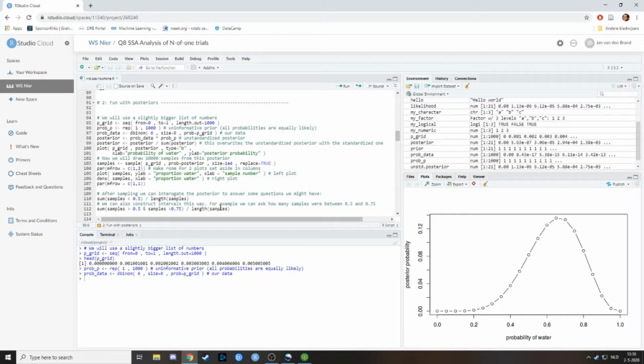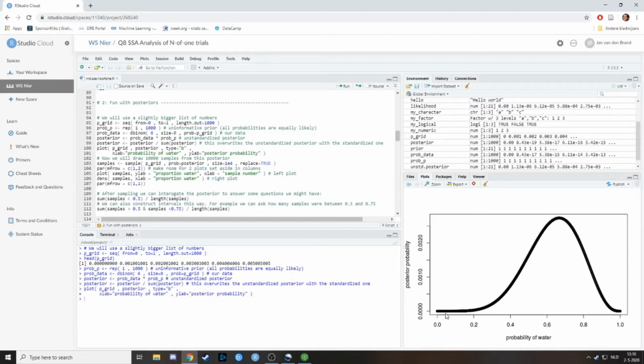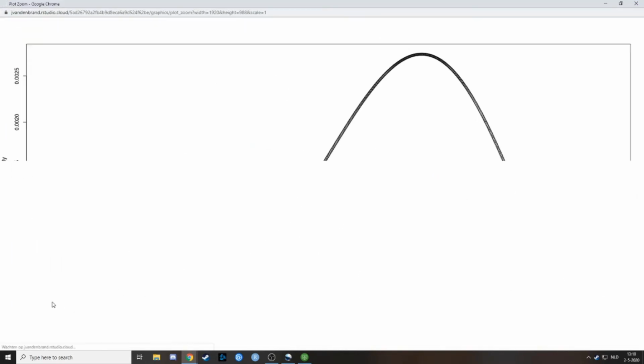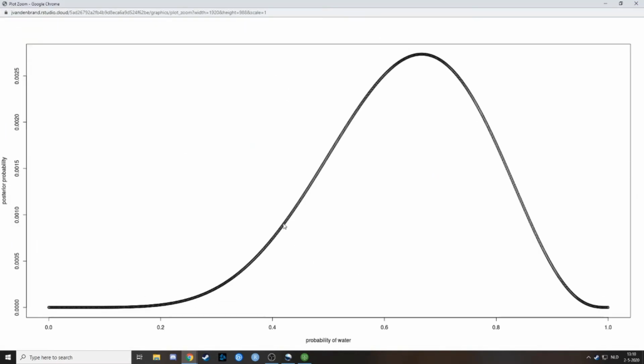Again, we calculate the posterior, standardize it so that it sums to 1, and we plot it. And now we see that our plot, let's zoom in, is a series of 1,000 points where we've sampled this posterior distribution. And it's a nice smooth curve now.